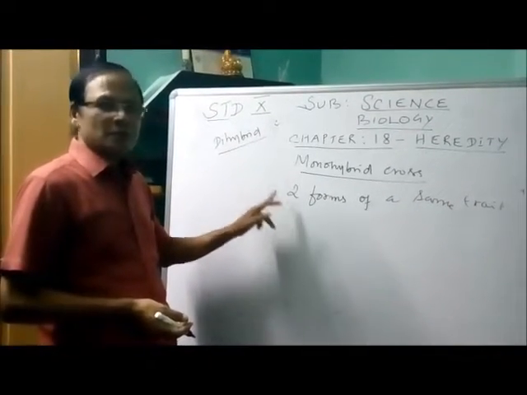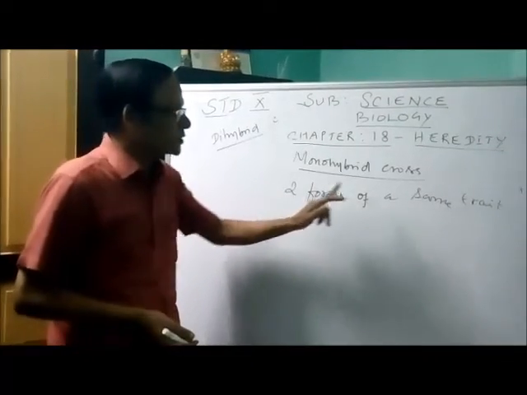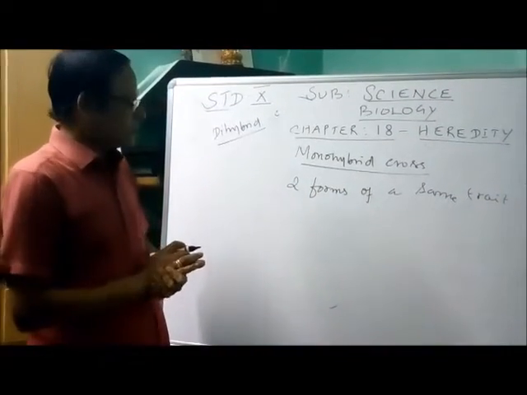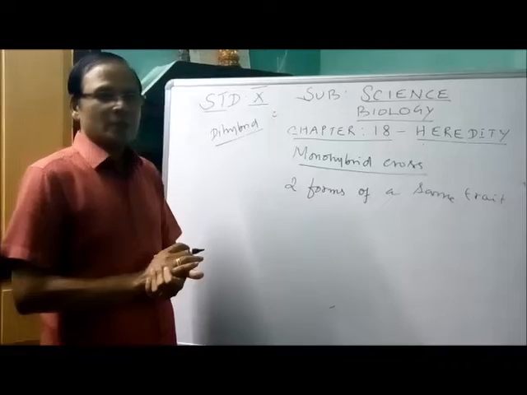Here it is a cross between two forms of the same trait. What are the two forms of the same trait?